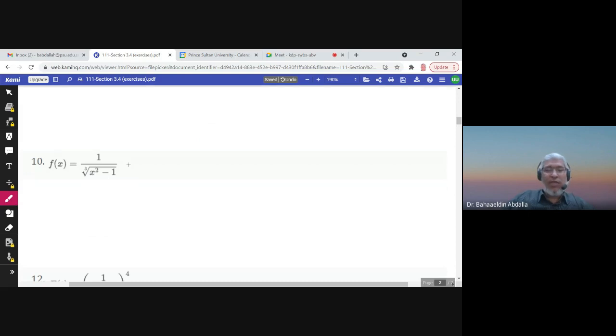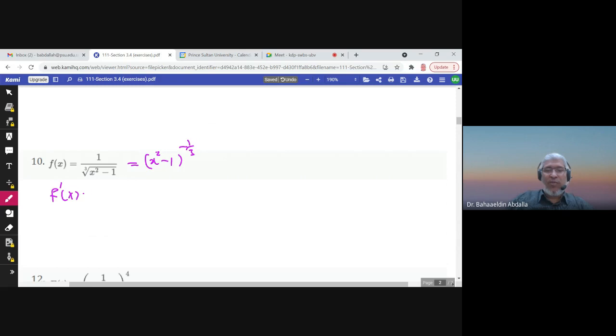Here I will write this as x squared minus 1 to the power negative 1 over 3 first. This is cube root. You can write it 1 to the power 1 over 3, and when you take it up, it would be negative.